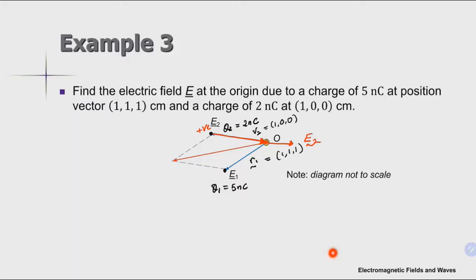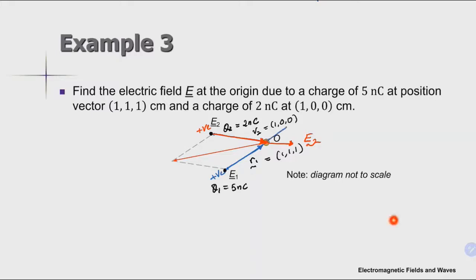And then my electric field will be pointing in this direction, E2. And again, this side, if this is also a positive charge, then I define this as my vector, and this vector will be minus R1.